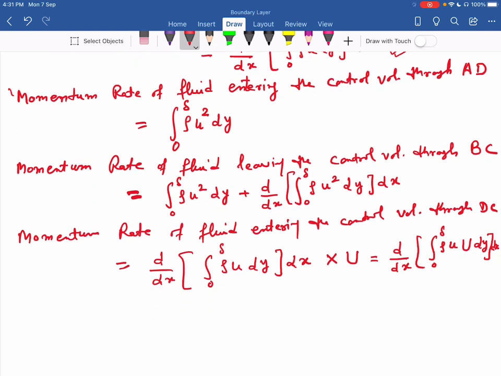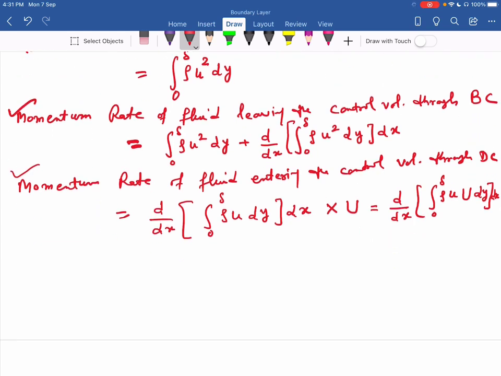So these are the momentum rates. Now, in the next step, I can write the rate of change of momentum.